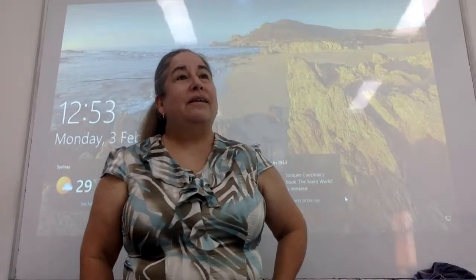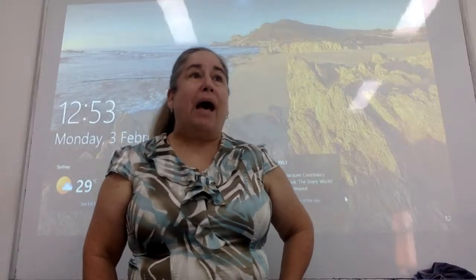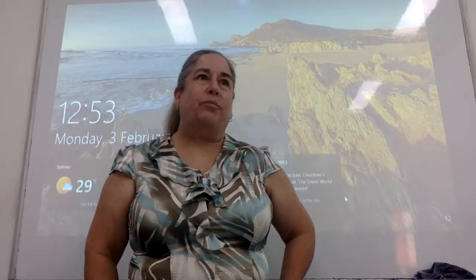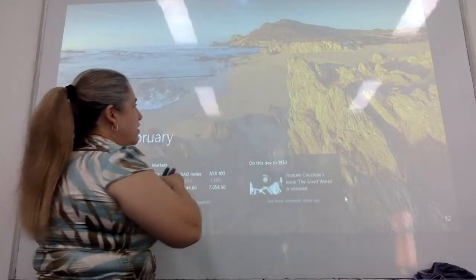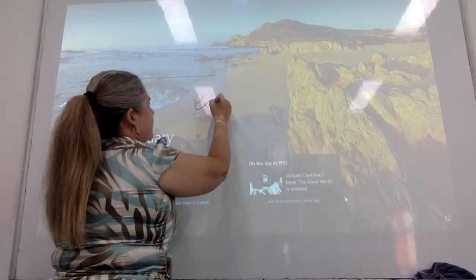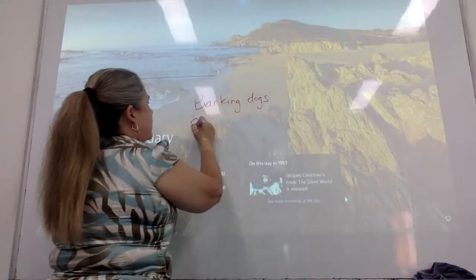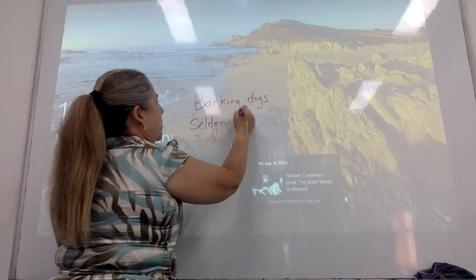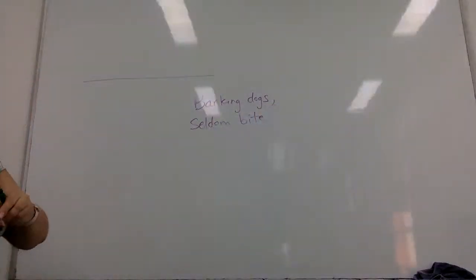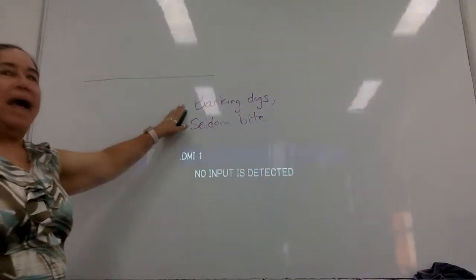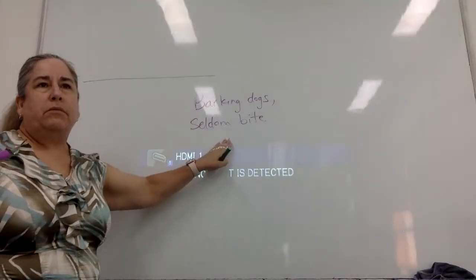How is it in English? So he said, dogs that bark usually don't bite. Or what did you say? Seldom bite. Yeah, barking dogs seldom bite. So he said, it's an expression. Barking dogs, as in dogs that bark, seldom, almost never.